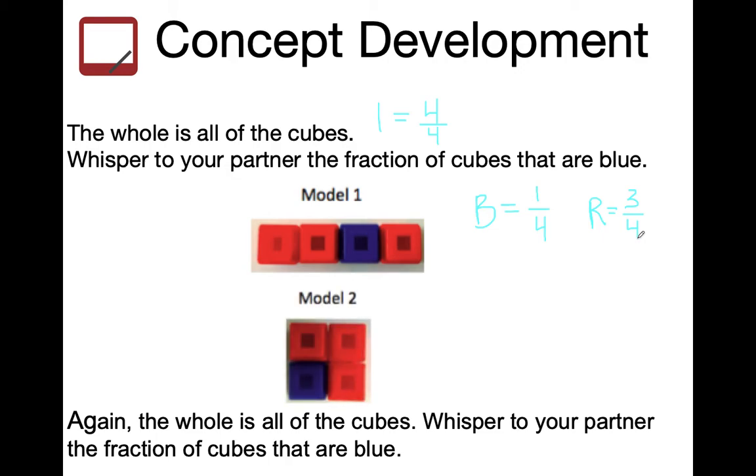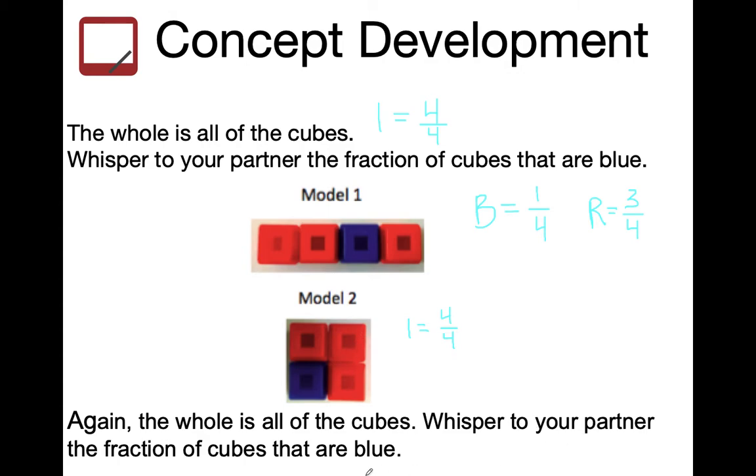Now, let's look at this figure. It says the whole is all of the cubes, so our whole has not changed. Our whole means that we still have 4 out of 4. Now remember, our goal is to look at how these fractions might still be the same even if the figure or the shape changes.